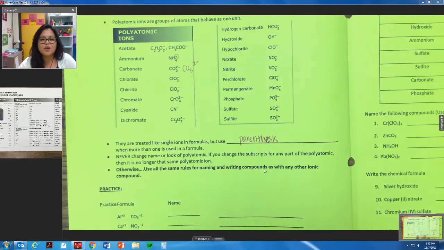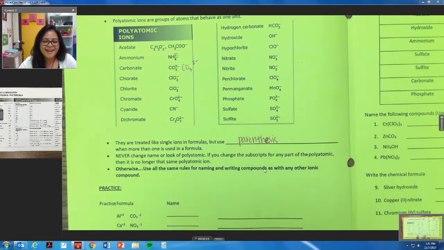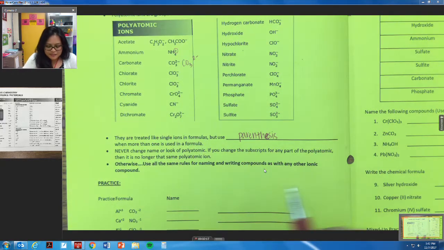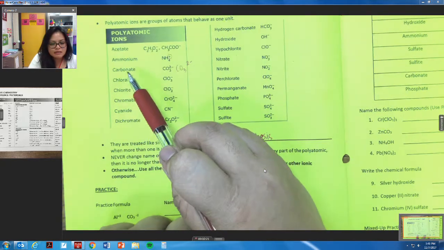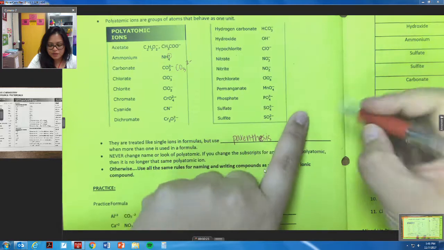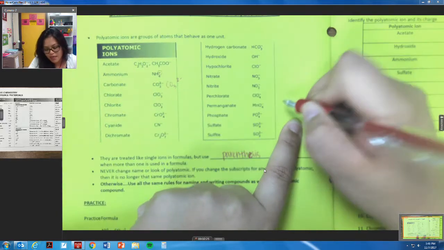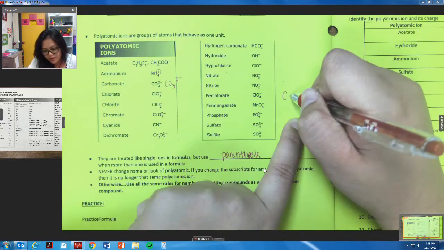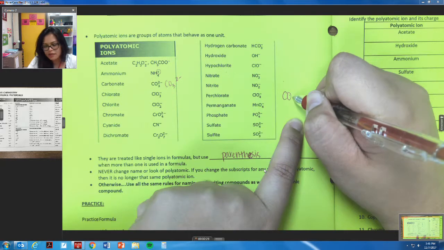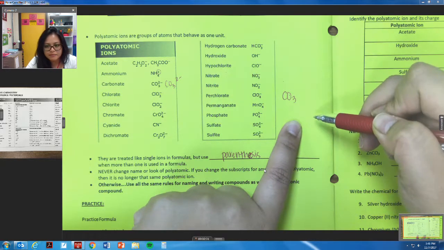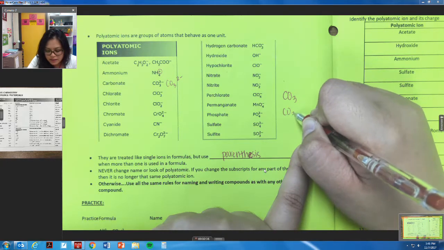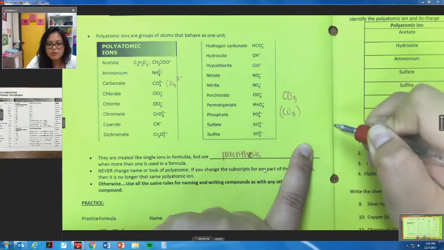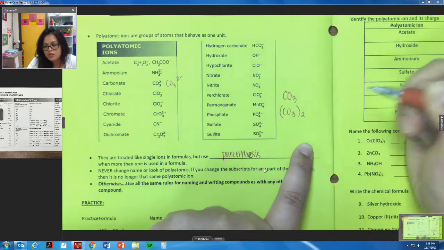Okay, so parentheses. Basically what that's saying is, let's use carbonate as our example. If I have one carbonate, it's going to look like CO3, and that's it. But if I have more than that, it's going to look like (CO3)2, with parentheses and a 2.